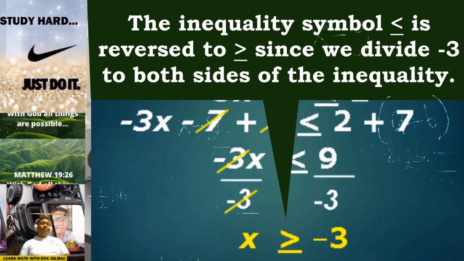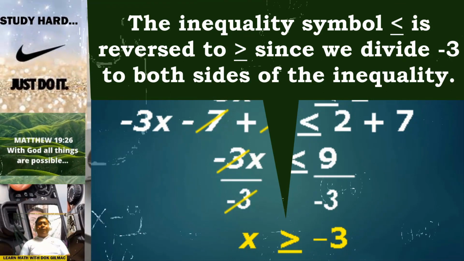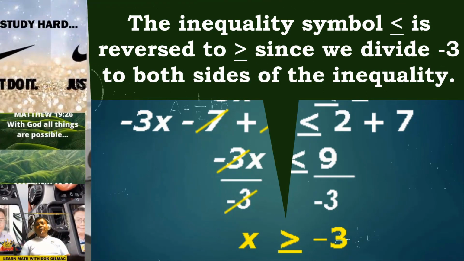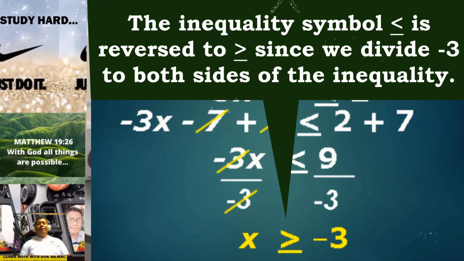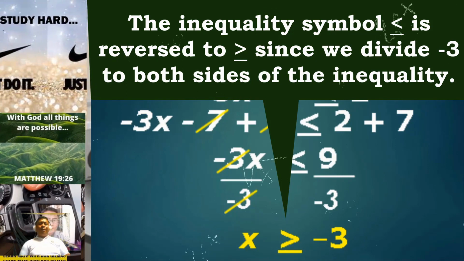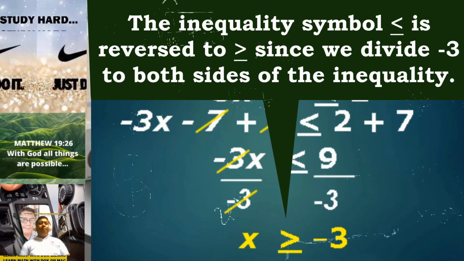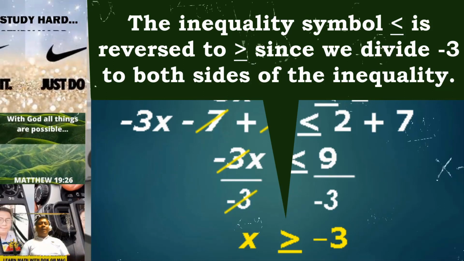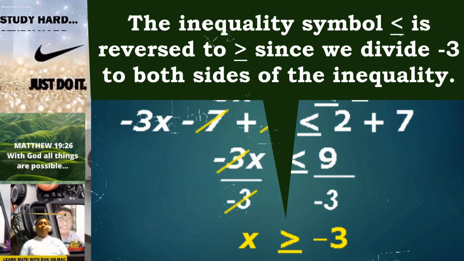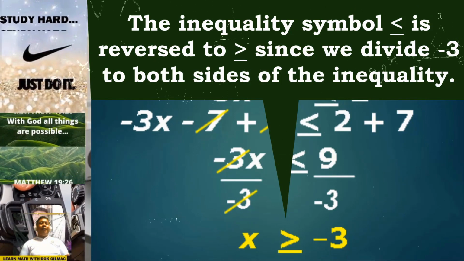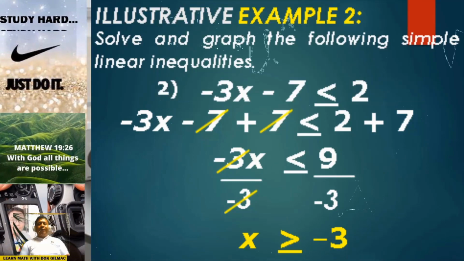The inequality symbol is reversed since we are dividing both sides of the inequality by a negative number. So we have x is greater than or equal to negative 3.